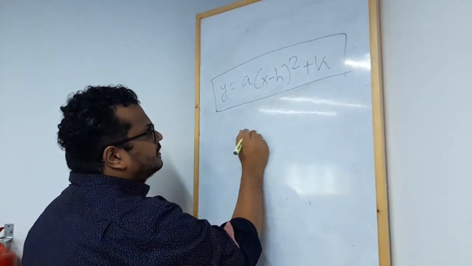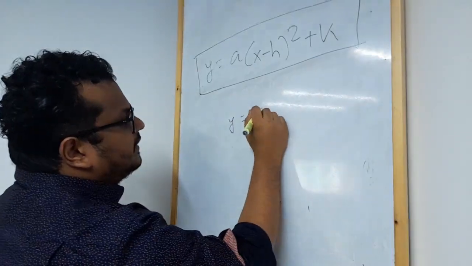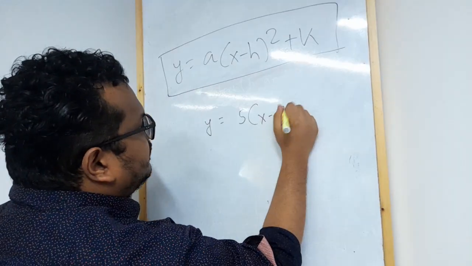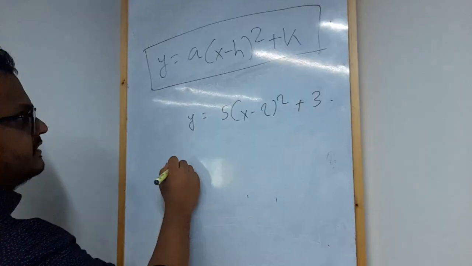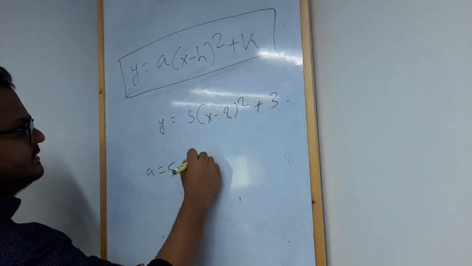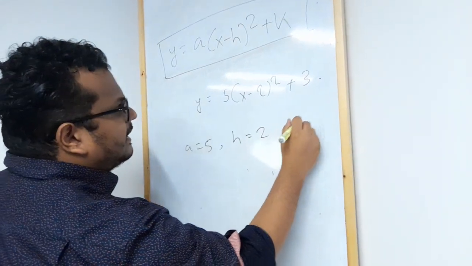If you have an equation y equals 5(x minus 2) whole square plus 3, in this equation a is 5, h is 2, and k is 3.